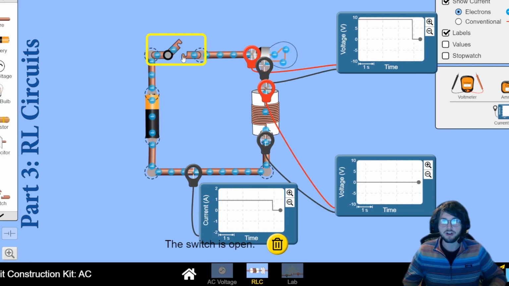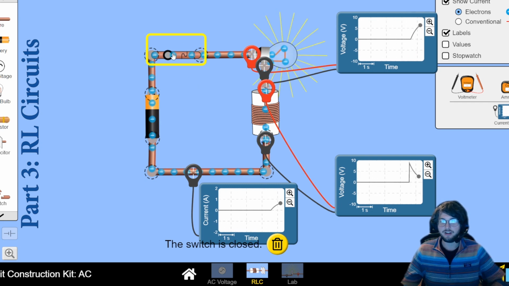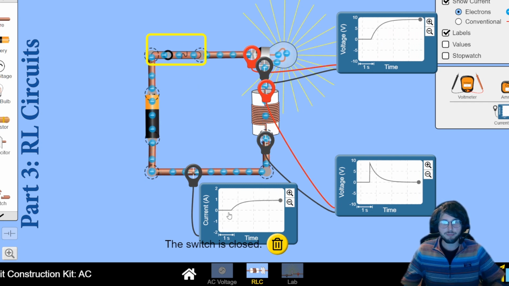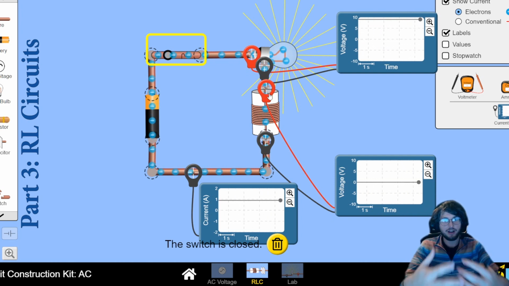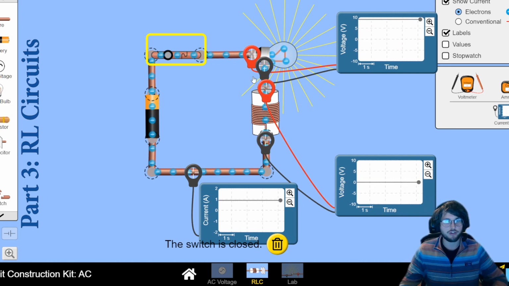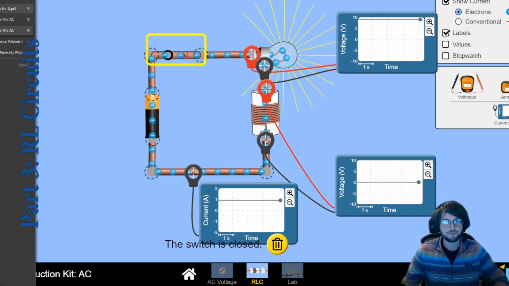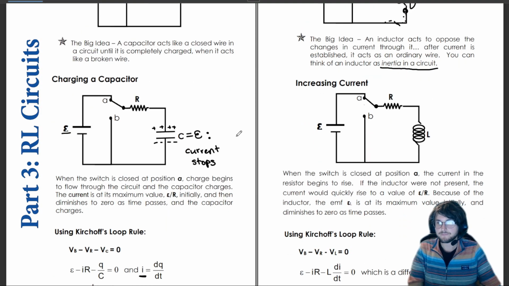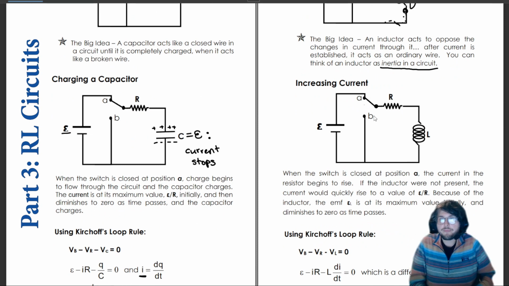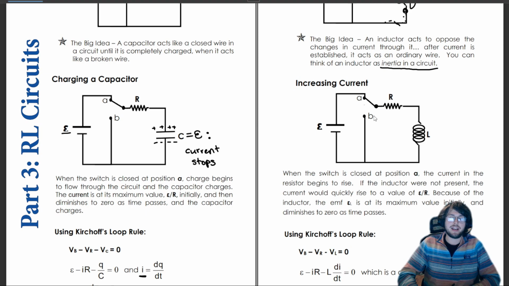With an inductor, if we charge it, watch the current over here. Our current starts pretty low and then gradually approaches the value that it wants to be at after the inductor has stopped providing resistance to the circuit. So that is the primary difference between capacitors and inductors and how they work.